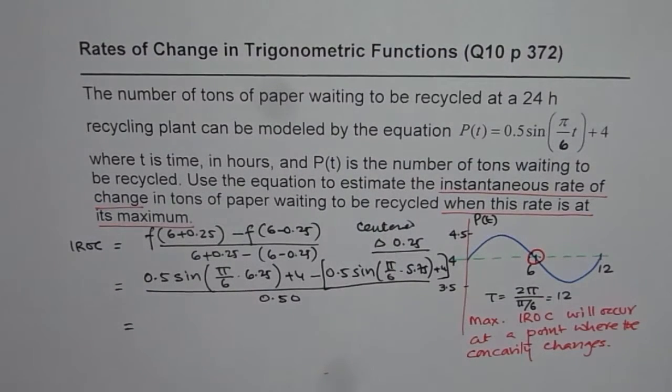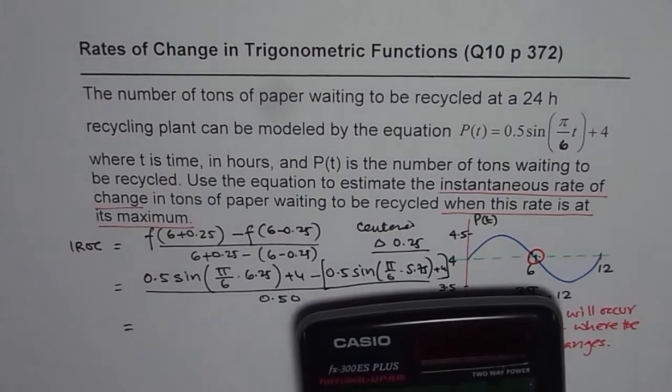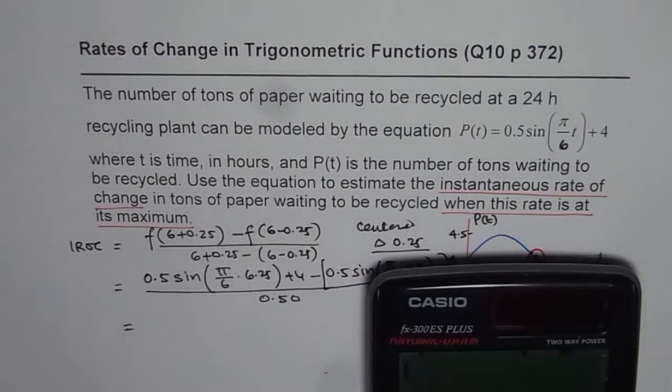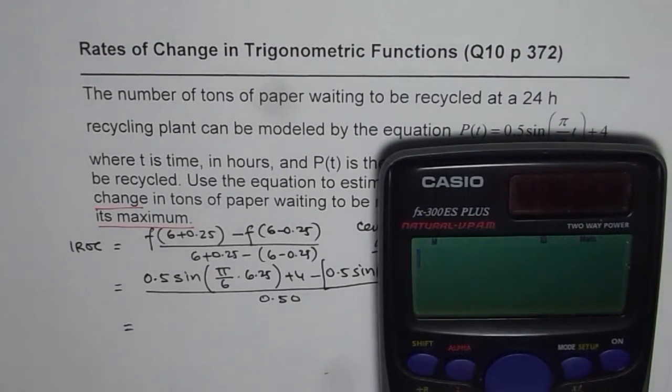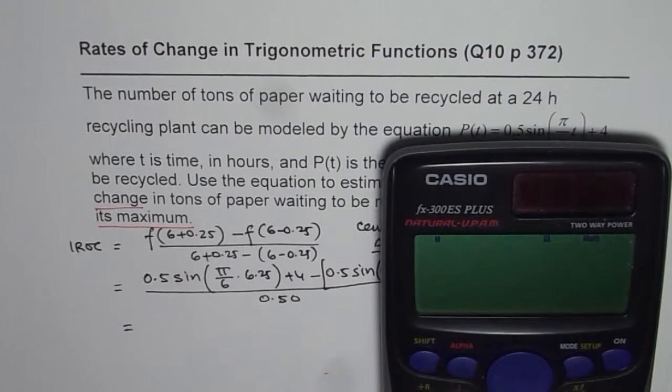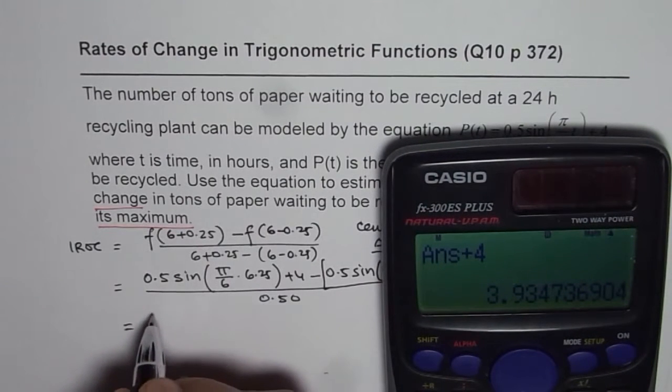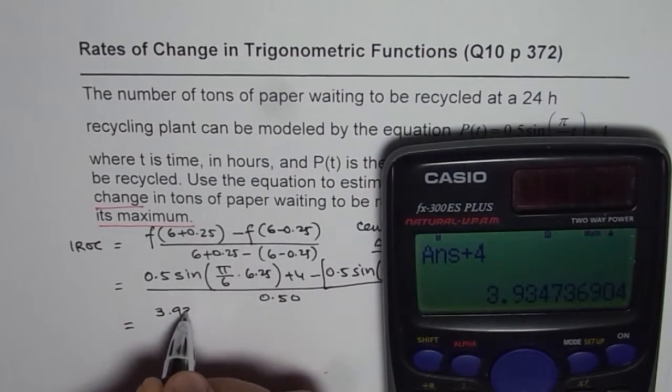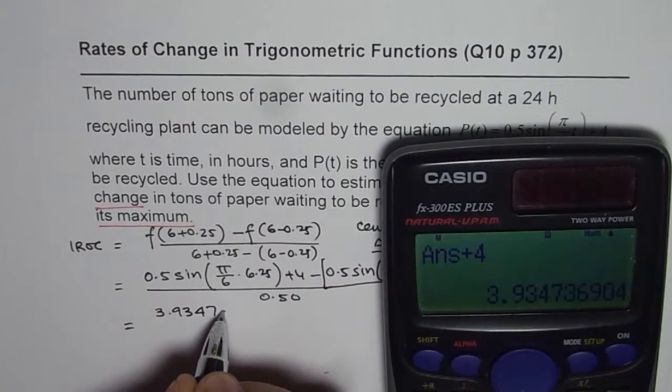Now we can use our calculator and find this answer. So we have 0.5 sin of π, first multiplied by 6.25 and then divided by 6, plus 4, equals 3.9347.